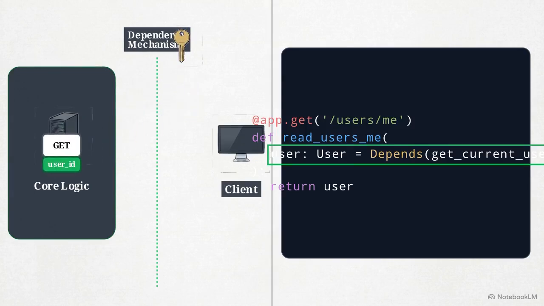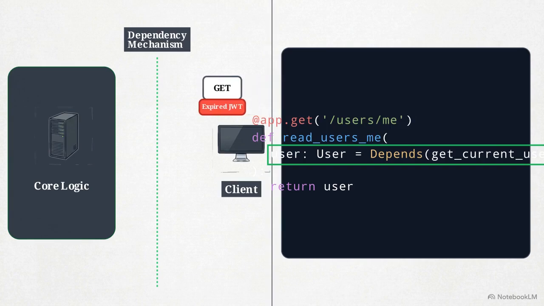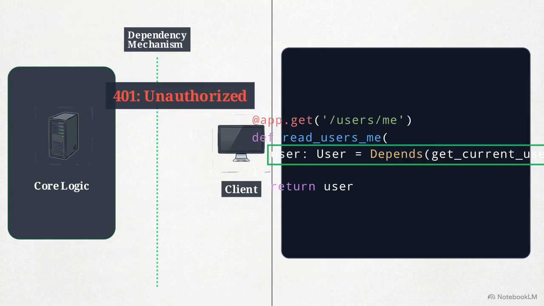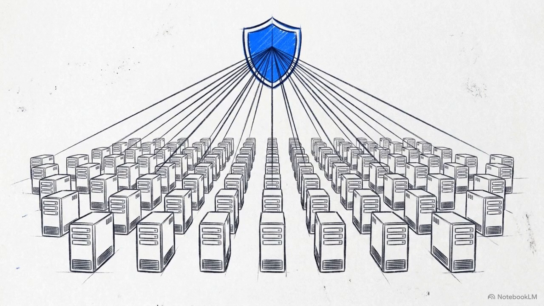If the signature is valid, the token provides the verified user ID to the application logic. If the token is invalid or expired, FastAPI rejects the request immediately, returning a 401 unauthorized error before any data is processed. This dependency injection model allows developers to secure hundreds of routes with a single, reusable validation function.